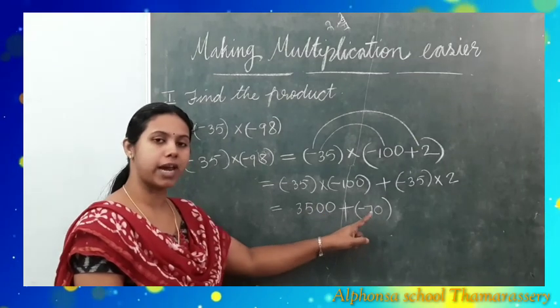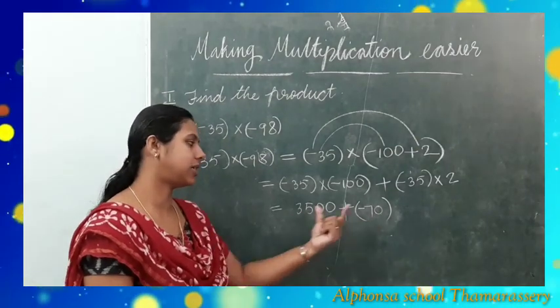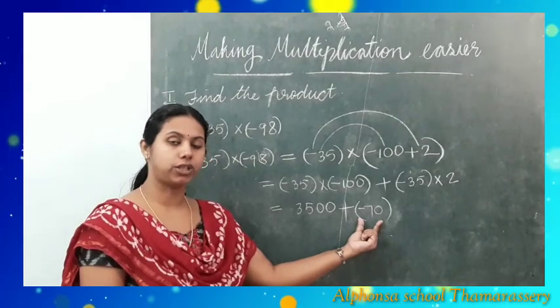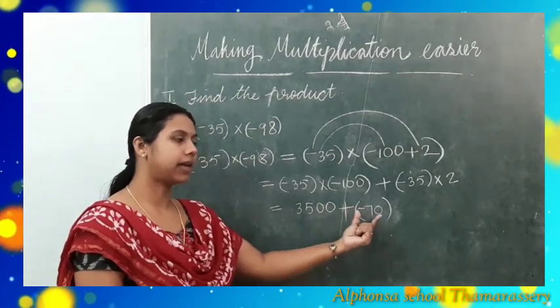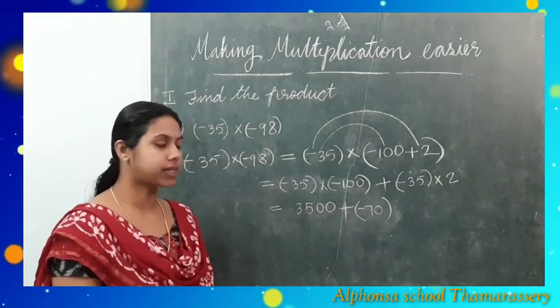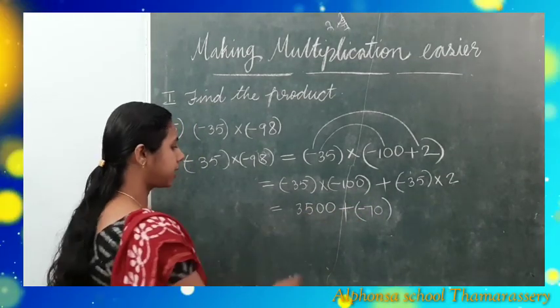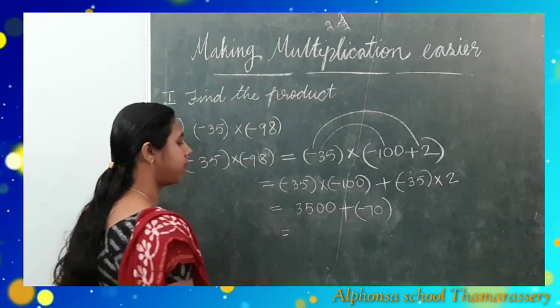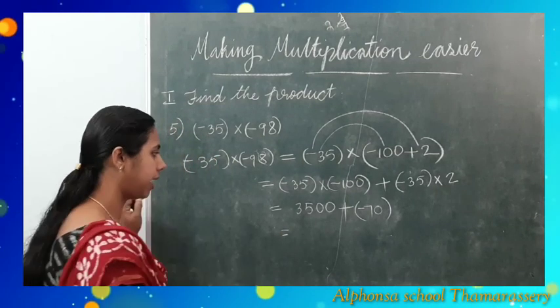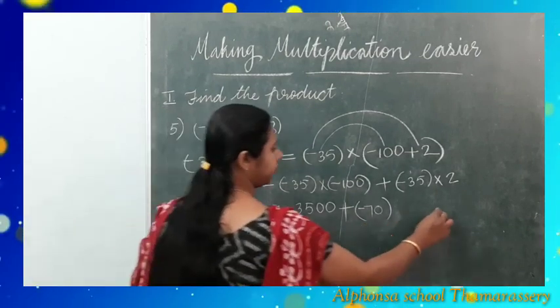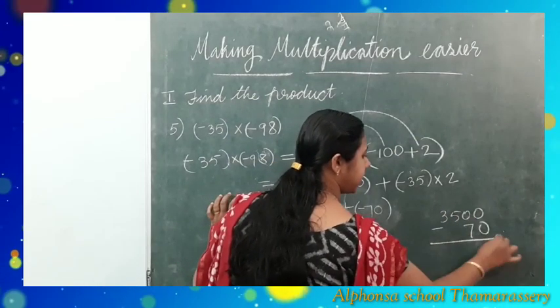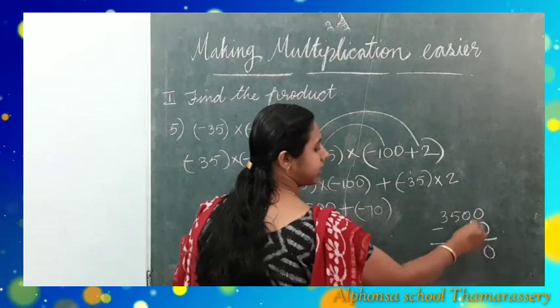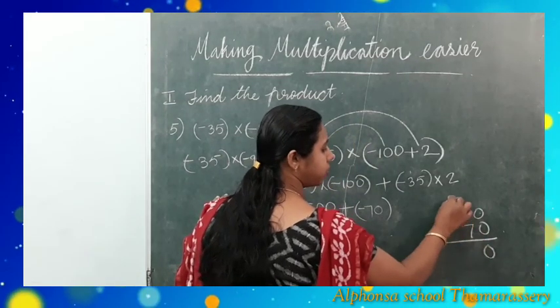So 3500 plus minus 70. A positive integer and a negative integer, you should use the rule of addition. Just subtract the numbers and keep the bigger number's sign. So if you subtract 70 from 3500, what will you get? 0 minus 0, 0. 0 minus 7 is not possible, so you should borrow.